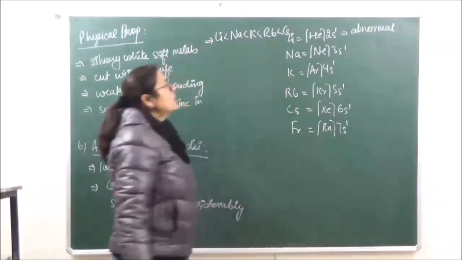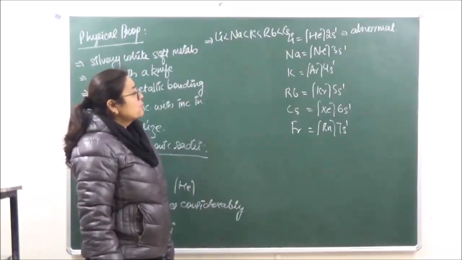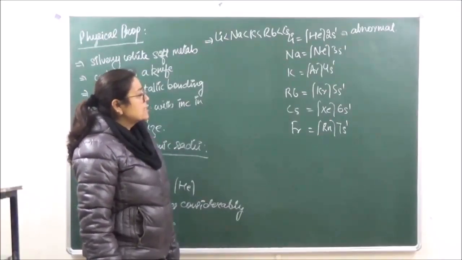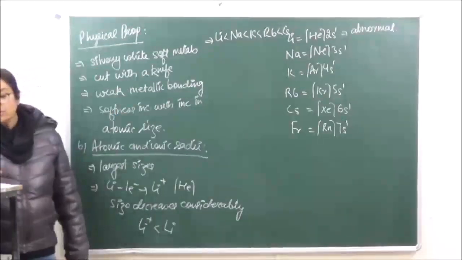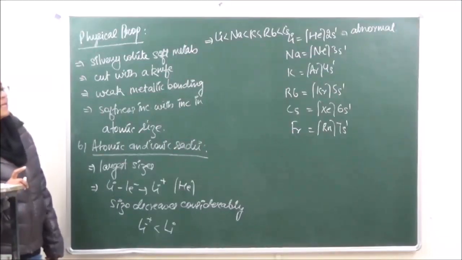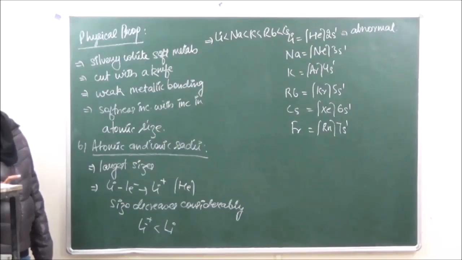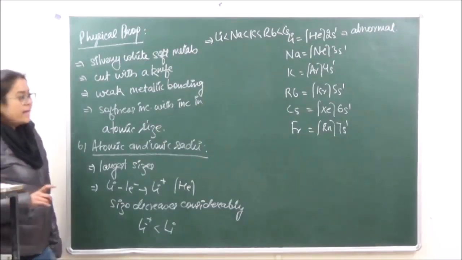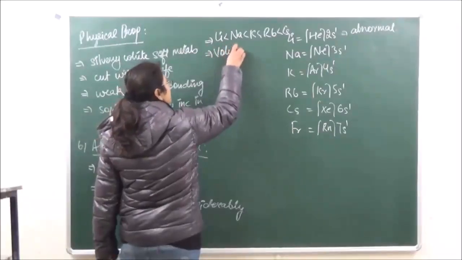If you're going from lithium to sodium, we are entering into the 3rd shell, then potassium to the 4th shell, rubidium to the 5th shell, cesium to the 6th, and francium to the 7th. Okay, so we are introducing a new shell. That is how the size will keep on increasing. Now because the size increases, the volume will also increase, right? So the volume increases in the same pattern.